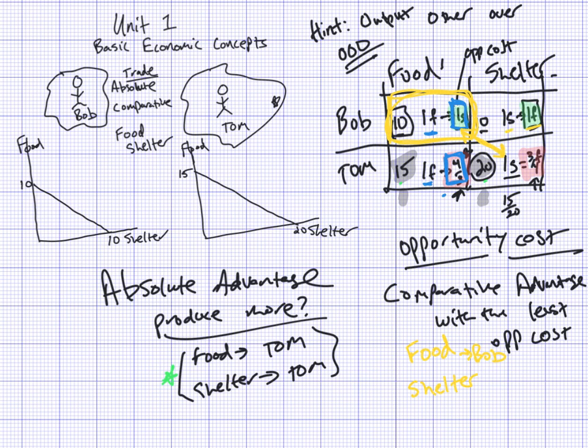But Tom, on the other hand, only has to give up 3/4 of a food. So that means he can make shelters cheaper than Bob can. Bob has to give up a whole food, and Tom only has to give up 3/4 of a food. So he can produce shelters at a lower opportunity cost. So this box goes to Tom. So who has the comparative advantage in building shelters? Tom.